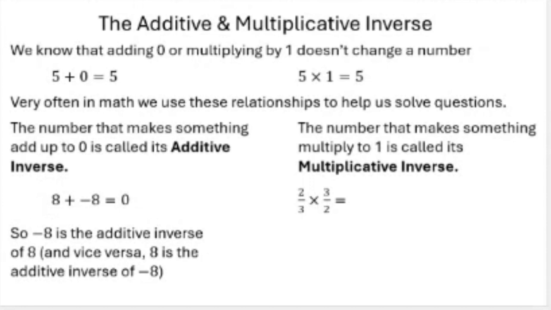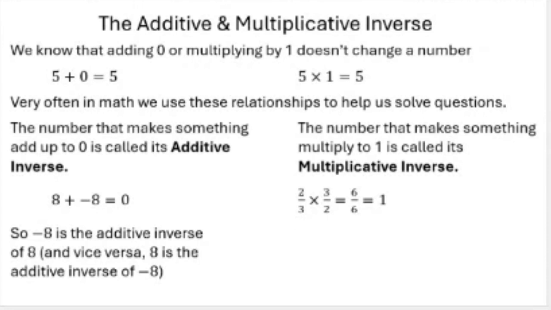Multiplicative inverse, we notice that 2/3 times 3/2, let's just look at this, is 6/6. What is 6/6? 1. And we realize that would be true no matter what those fractions were, right? If this was 5/17 times 17/5, you'd get the exact same thing on the top and bottom, which is the number 1.